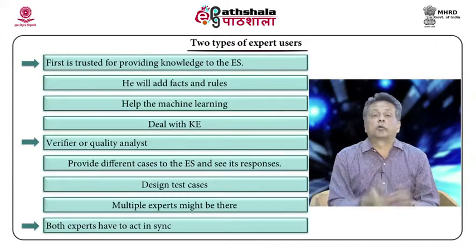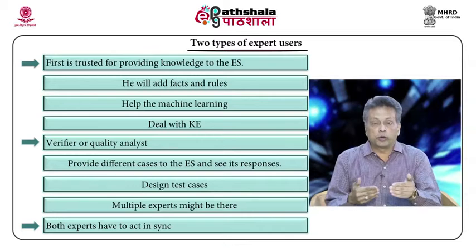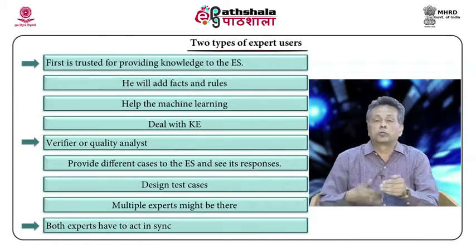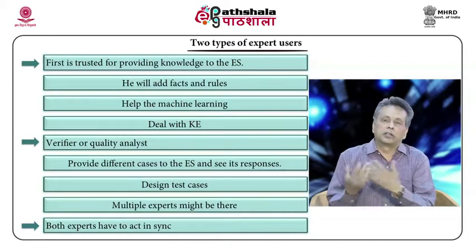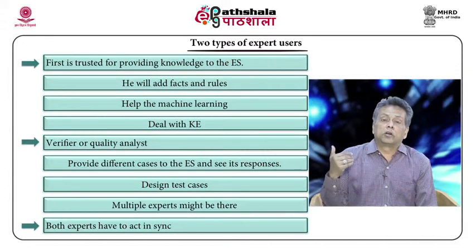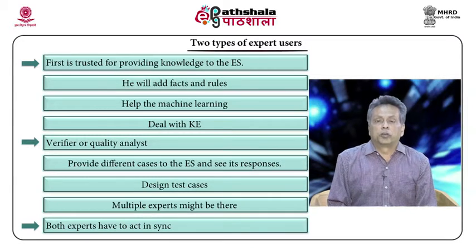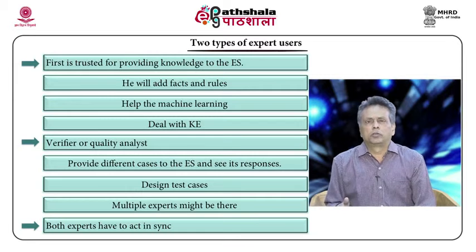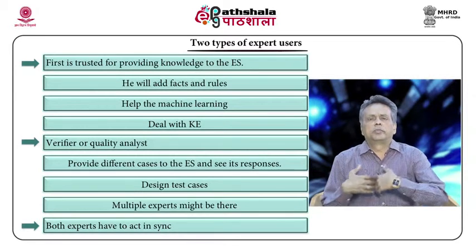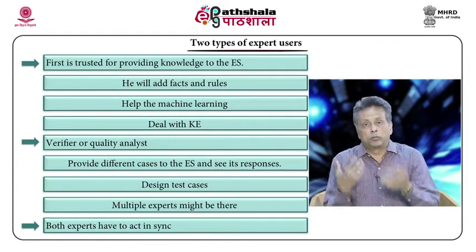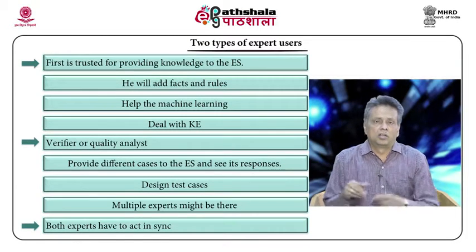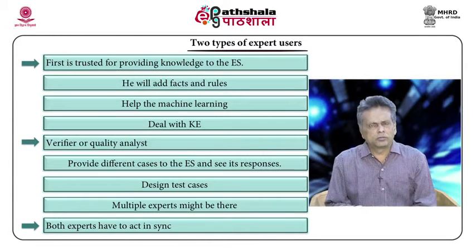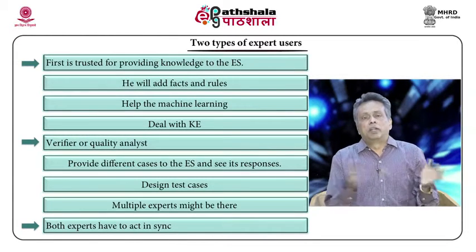The first is trusted for providing the knowledge. This expert is basically providing all the rules, heuristic rules, procedural rules, facts and many other things. Sometimes the information is not directly available from the expert. For example, in a medical diagnosis case, a doctor will not be in a position to provide complete information about the human body, all diseases and all drugs, because these things are available through other means.